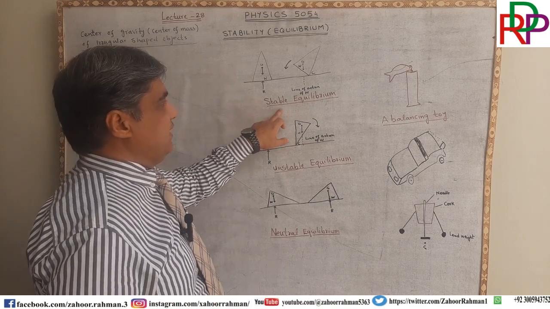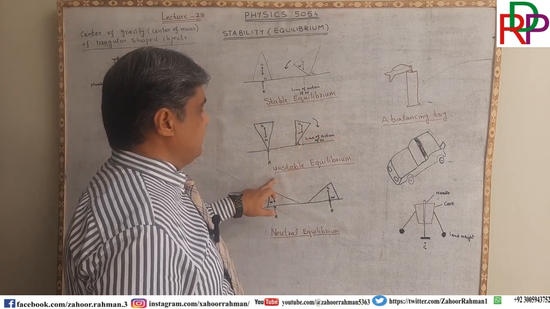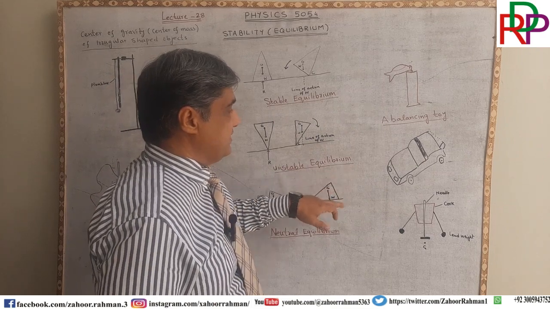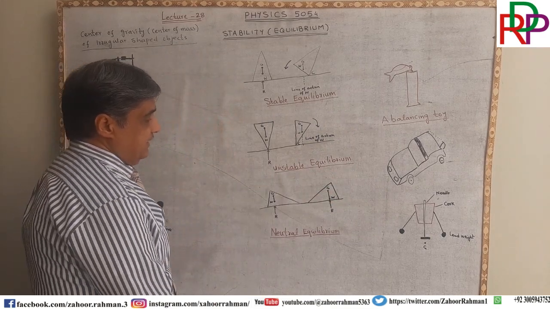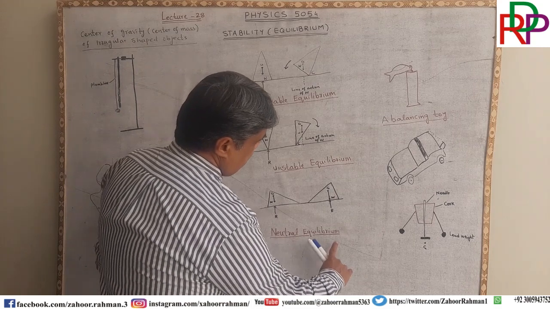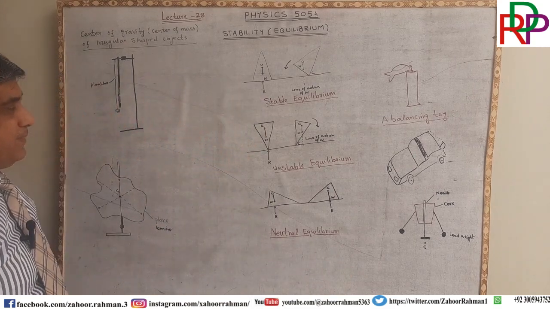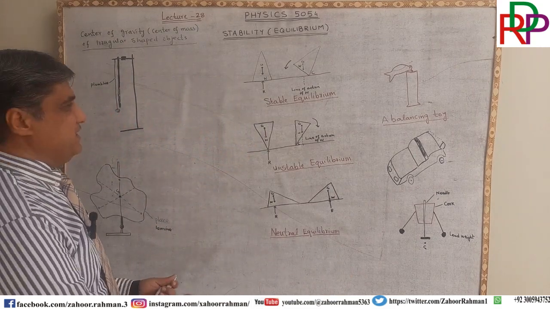The first one is stable equilibrium, the second one is unstable equilibrium, and the third one is neutral equilibrium. So let us start with the first.